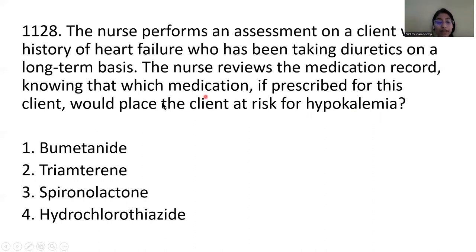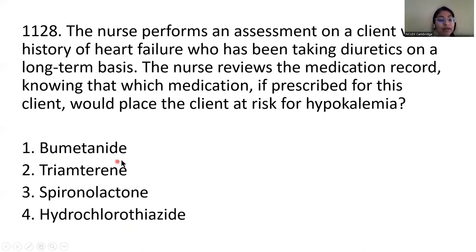What drug can lead to hypokalemia? So diuretics are of two types, potassium retaining diuretics and potassium losing diuretics. A potassium losing diuretic will lose potassium from our body. This will lead to hypokalemia. So we have to check which one of these options is a potassium losing diuretic. First option is bumetanide, second is trimethoprim, third is spironolactone, and fourth is hydrochlorothiazide.